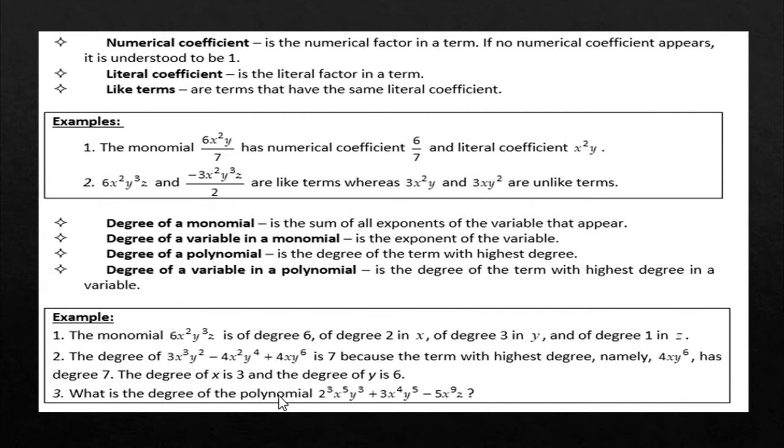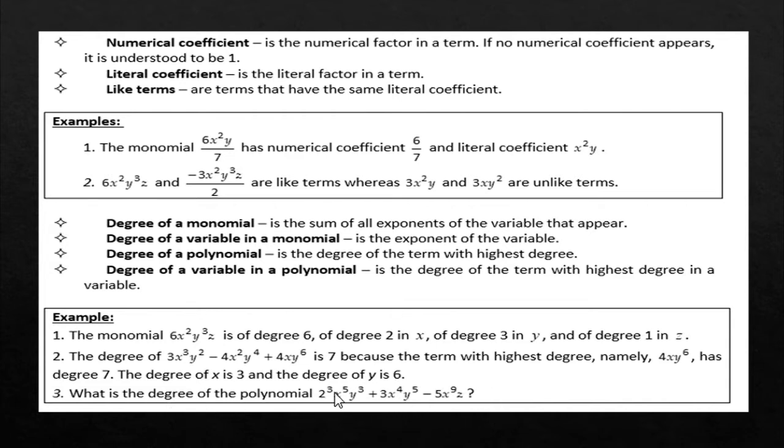What is the degree of the polynomial 2 cubed x to the power of 5 y cubed plus 3x to the power of 4 y to the power of 5 minus 5x to the power of 9 z? Sige, kamo daw. Answer. Unsa daw ang degree sa polynomial?